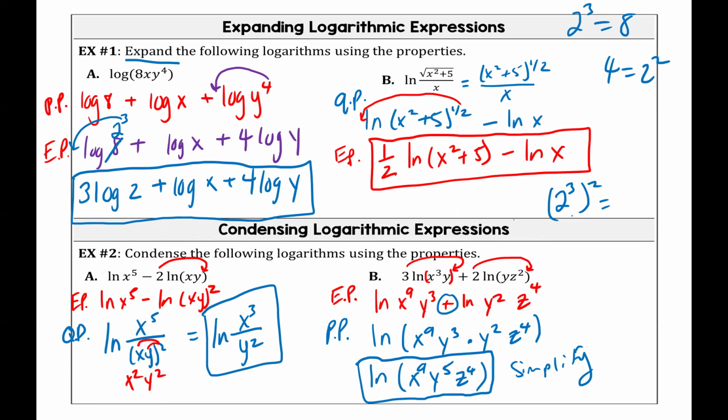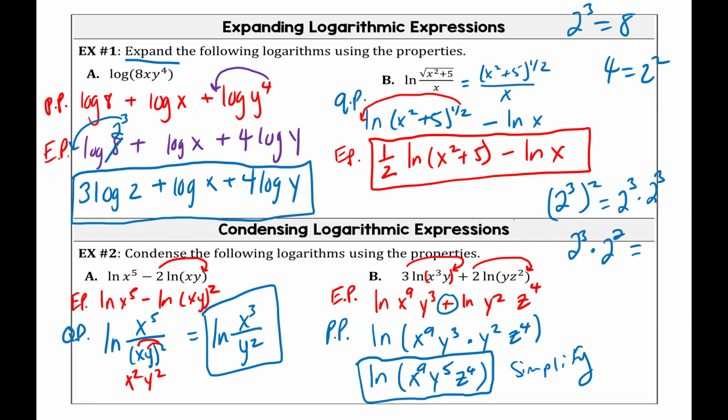The reason being is, when I have 2 to the third, squared, that means I have 2 to the third times 2 to the third. And that equals 2 to the 6. You multiply the powers. But if I have 2 to the third times 2 to the second, these are just numbers being multiplied together, so you're adding these two powers.